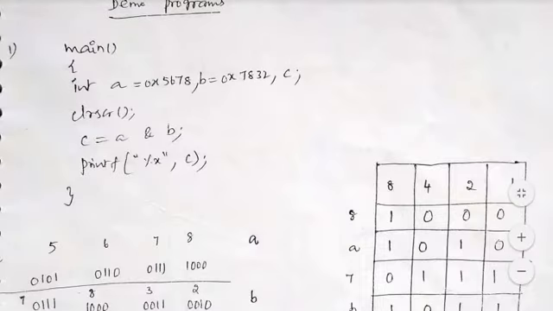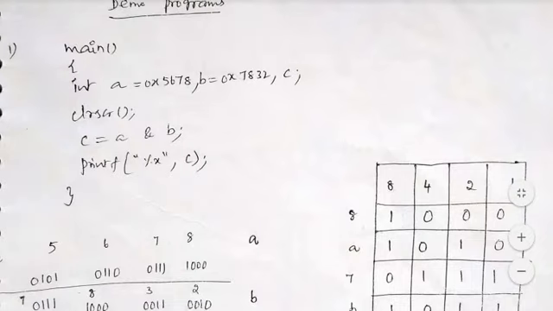How many variables are there? We have 3 variables, A, B, C. A is assigned 0x5678 and B is assigned 0x7832. A number preceded with 0x, either small x or capital X, is a hexadecimal number.